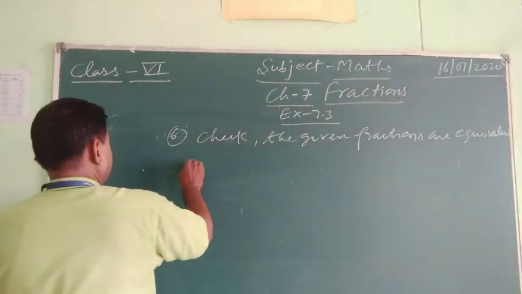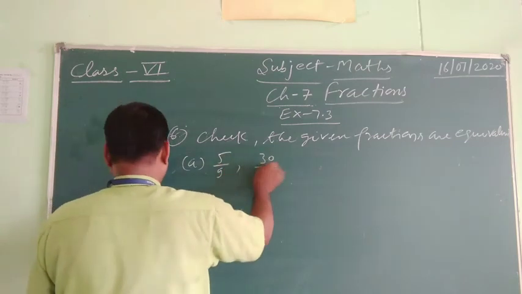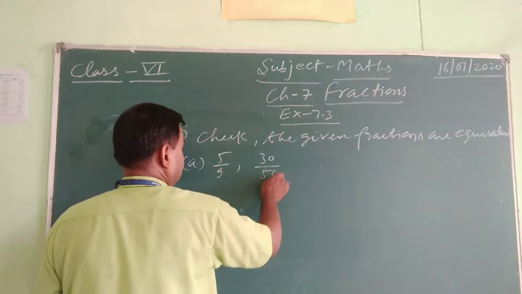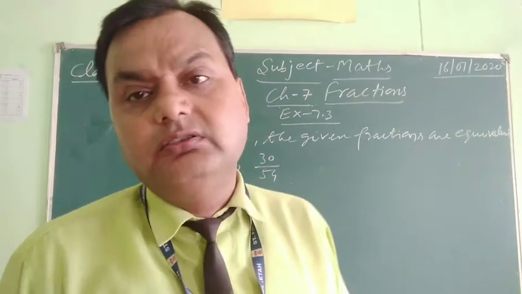A part: 5 upon 9, 30 upon 54. We have to check whether these fractions are equivalent or not.